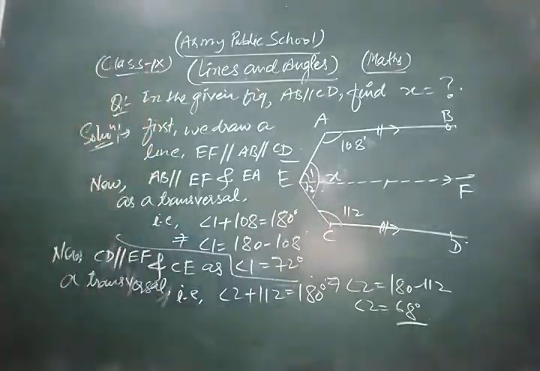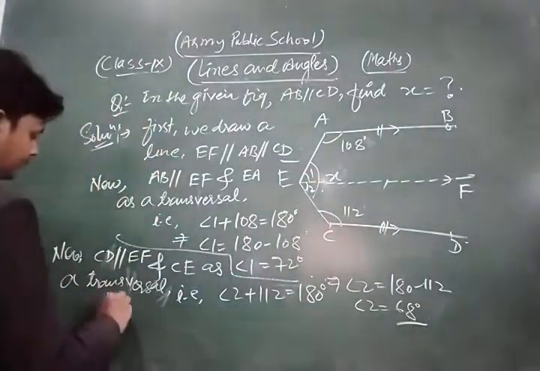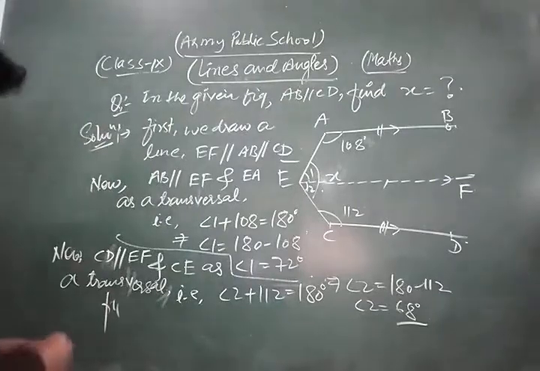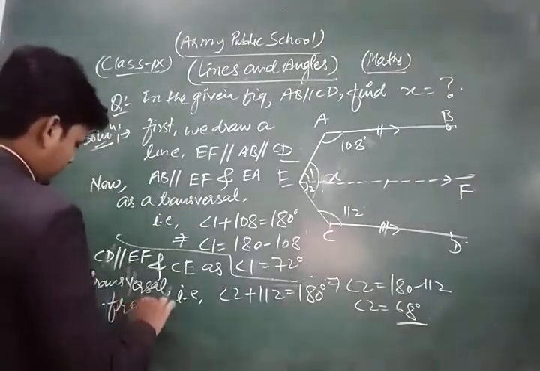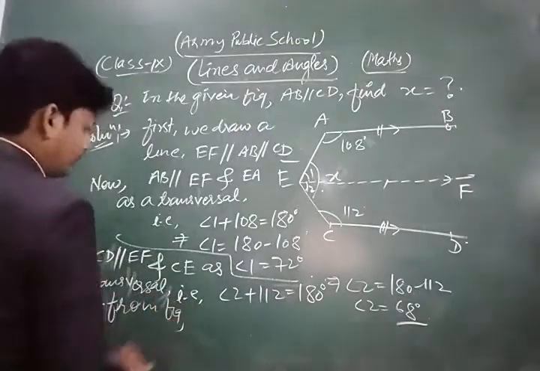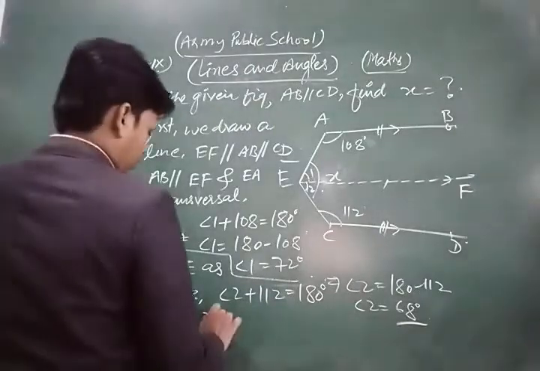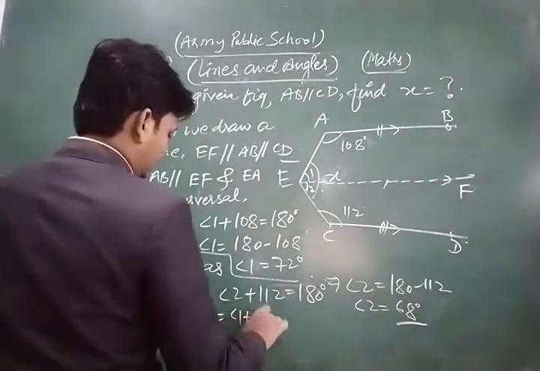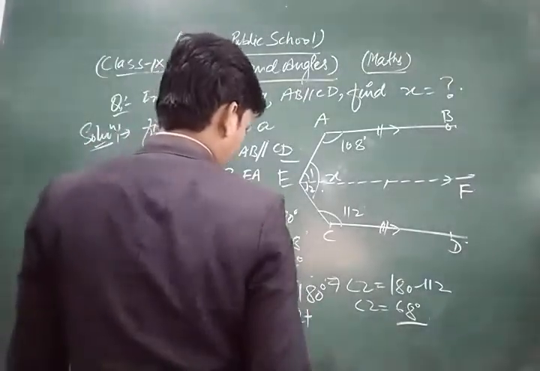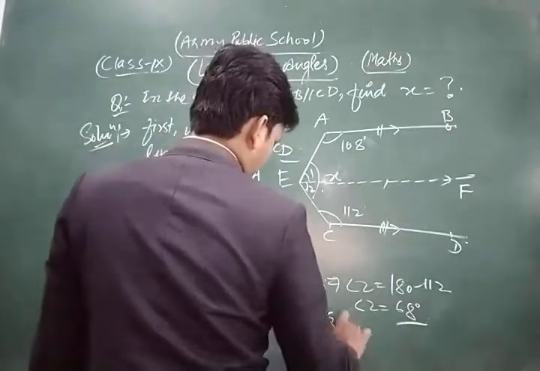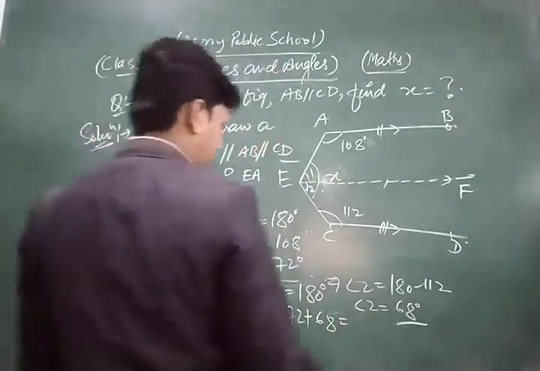So the value of x is equal to angle 1 plus angle 2, which is 72 plus 68. So we get 140.